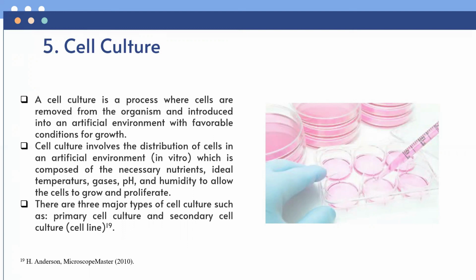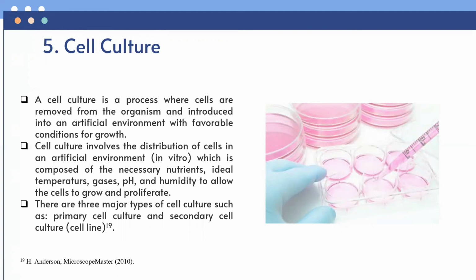The cells may be removed from the tissue directly and disaggregated by enzymatic or mechanical means before cultivation, or they may be derived from a cell line or cell strain that has already been established.